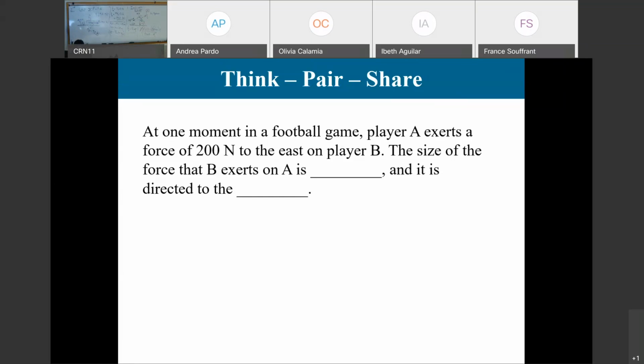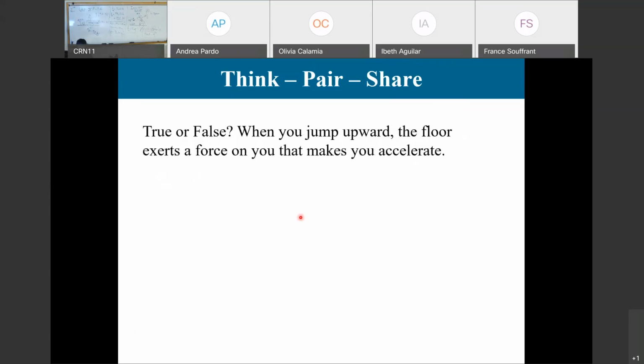And what's the value of the force? 200, right? So 200 newtons to the west.